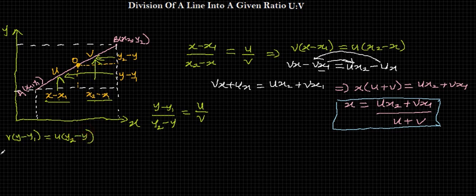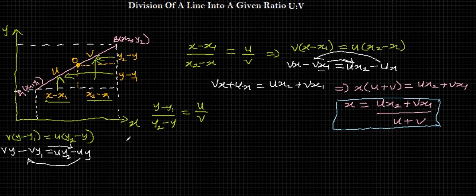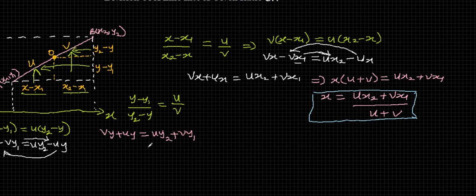So let's open the bracket also here. If we open the bracket, we are going to have vy minus vy1 equal to uy2 minus uy. So similarly, bringing this to this side and this to this side, we have vy plus uy equal to uy2 plus vy1.